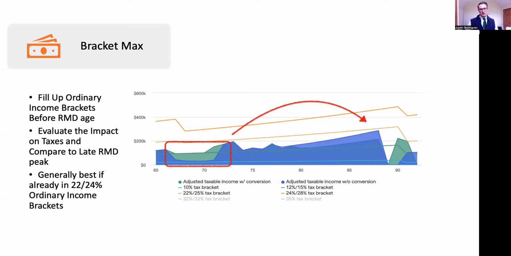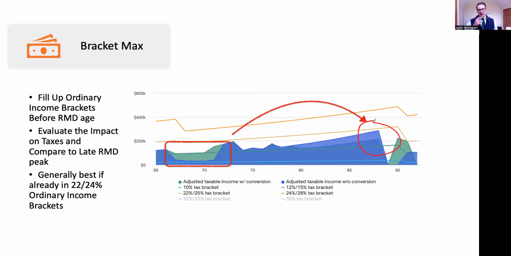And in this particular instance here, this graphic, just as kind of a side note, we found that the bracket max conversion really wasn't in the client's best interest. Though it did save, as we pointed out, it did save a bit late in life on taxation of those RMDs, that peak that we highlighted here.